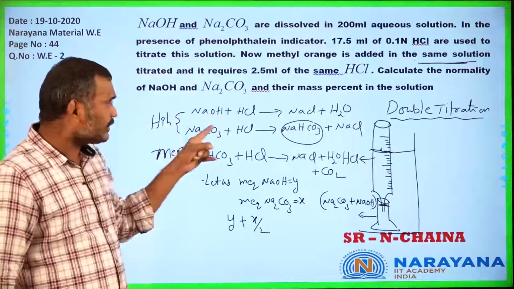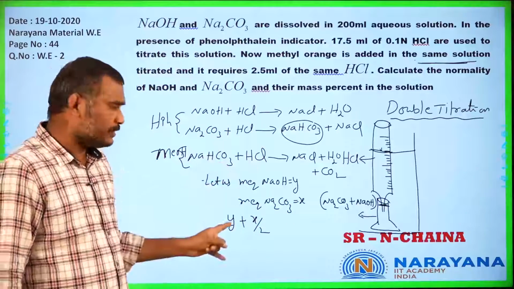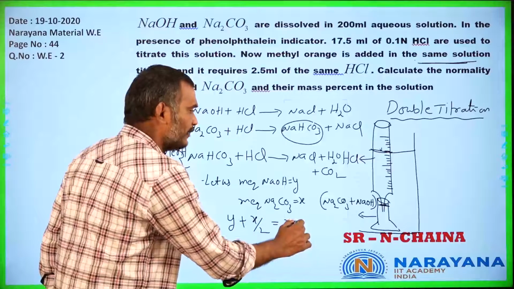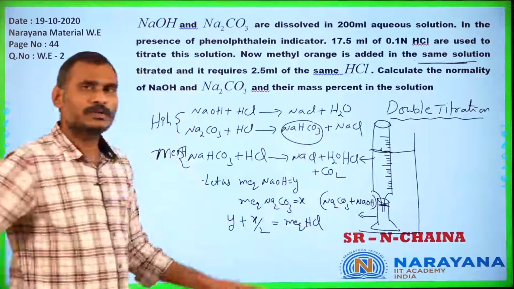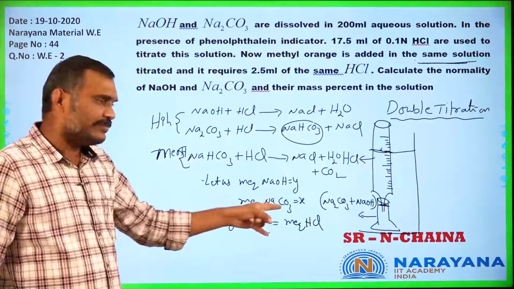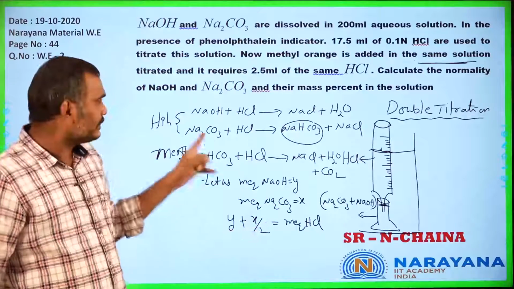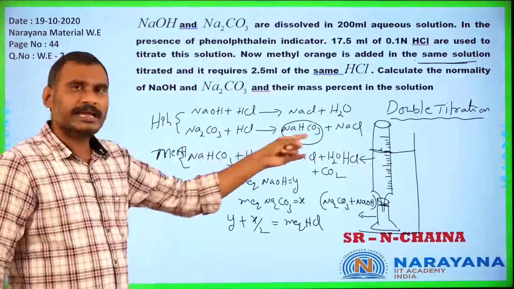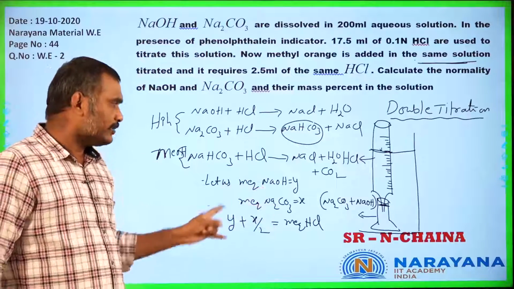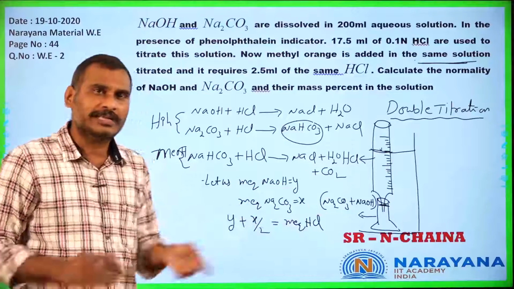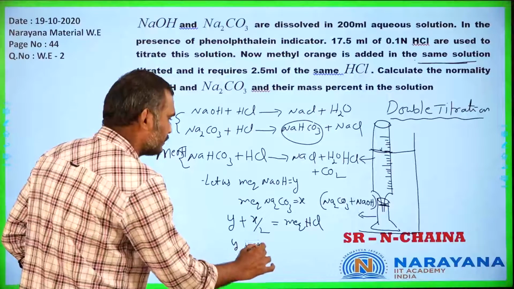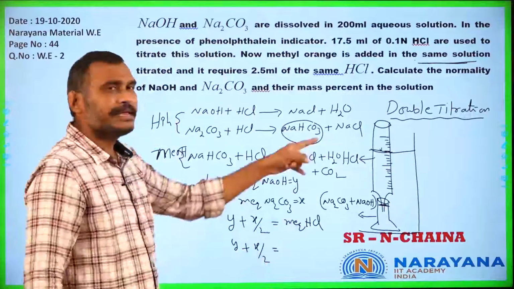That means in this one, only half of the reaction is completed. So the milli equivalents of HCl equal Y plus X by 2, that is, only half of the sodium carbonate is utilized. Is it right or not? Because only half of the reaction is completed. So Y plus X by 2 equals the milli equivalents of HCl.